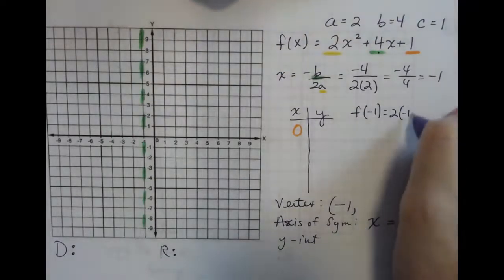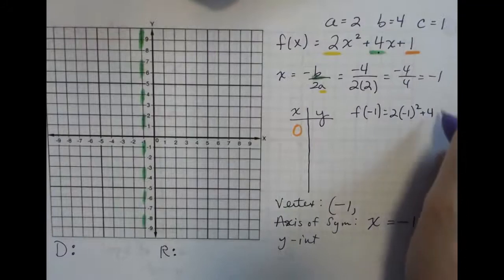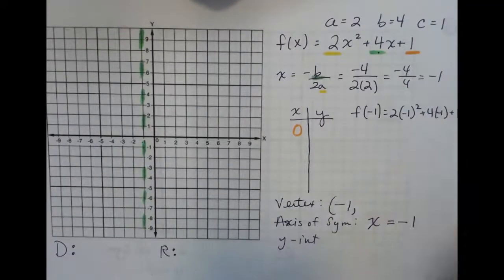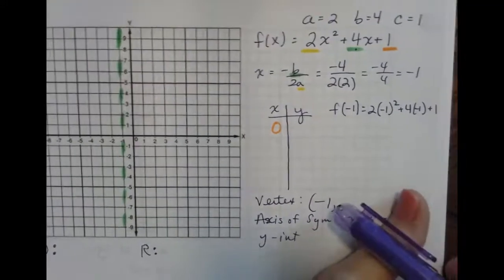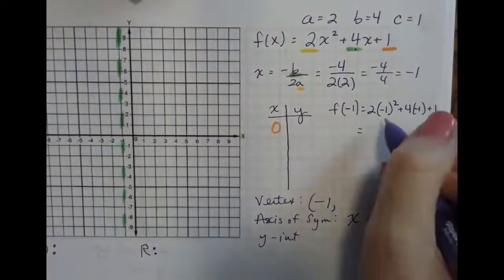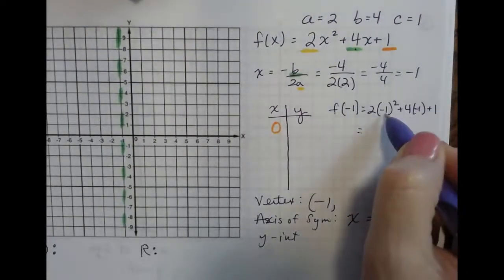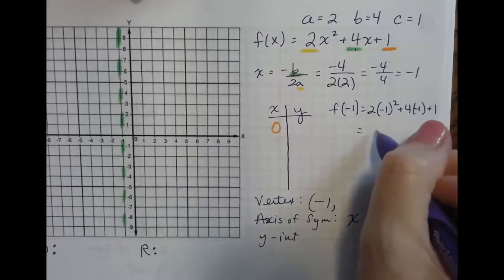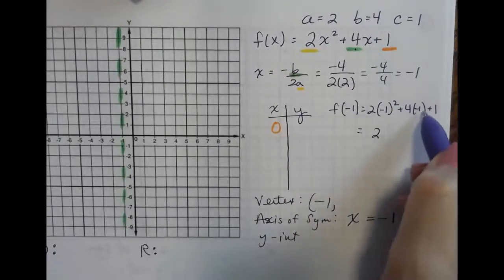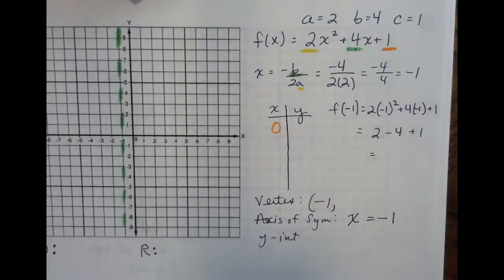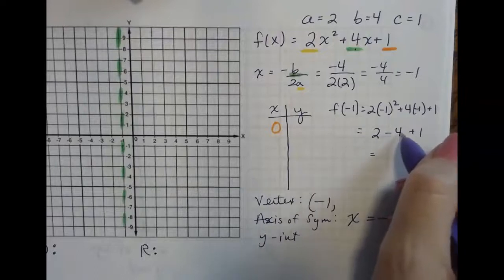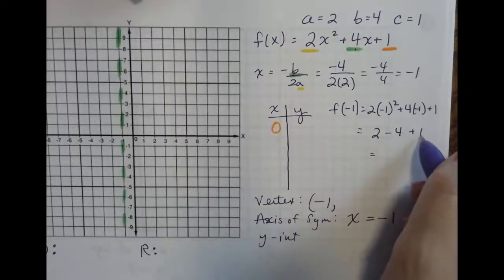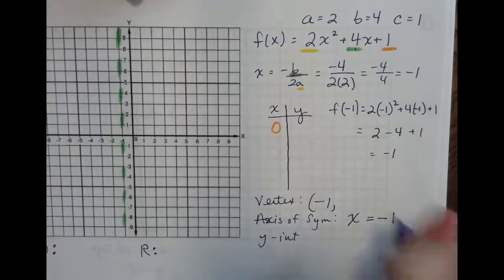So 2 times negative 1 squared plus 4 times negative 1 plus 1. Follow order of operations, which means we will square first. Negative 1 squared is 1. 2 times 1 is 2. 4 times negative 1 is negative 4, plus 1. So 2 minus 4 is negative 2, plus 1 is negative 1. So the vertex is at (-1, -1).